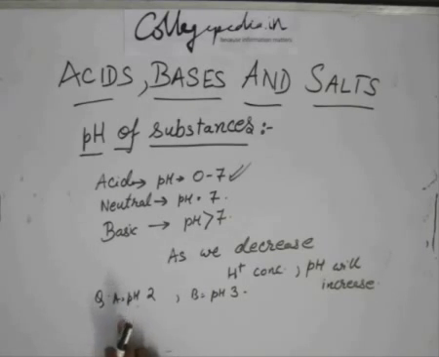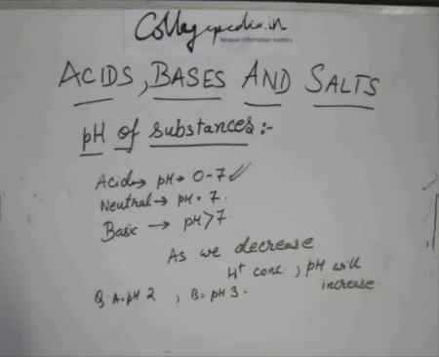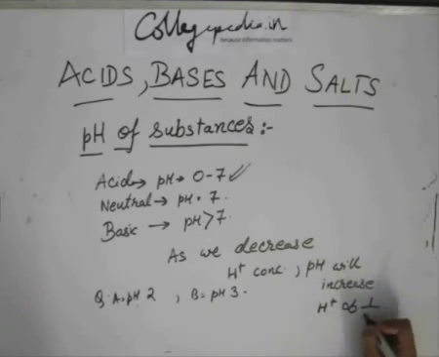A's pH is 2, B's pH is 3. B's pH is greater than A's. So B's H plus concentration will be less than A's. You can remember it like this: H plus concentration is inversely proportional to pH.